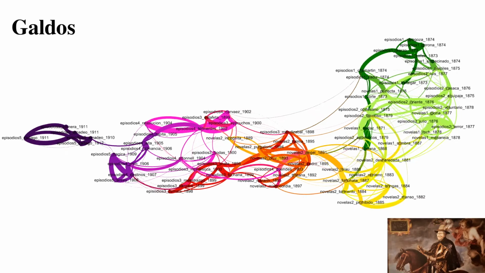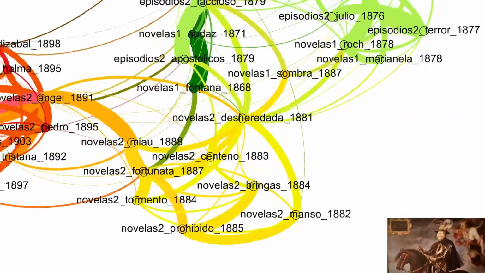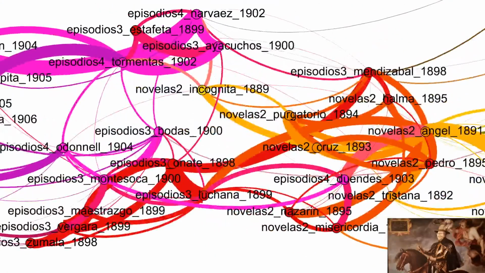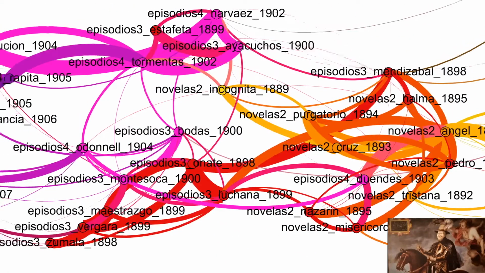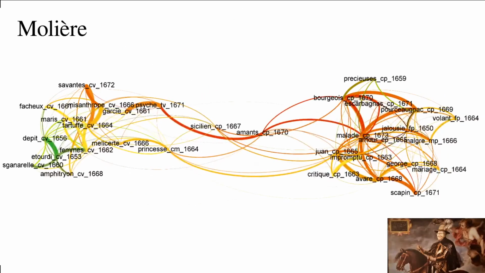It goes from the early ones all the way, this time from right to left, but that doesn't matter, all the way to his latest stuff. In a way, Galdós almost seems to be time perfect. This is probably the best example I've ever seen of chronological evolution in a writer.